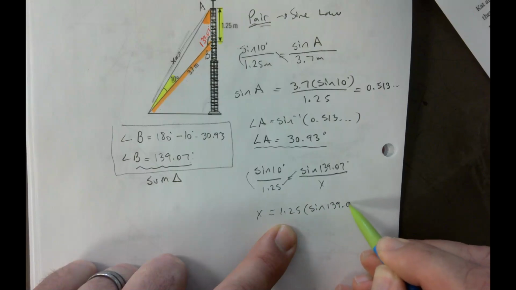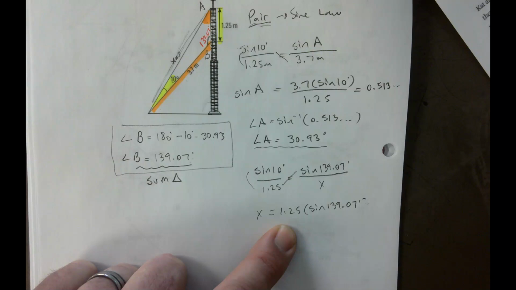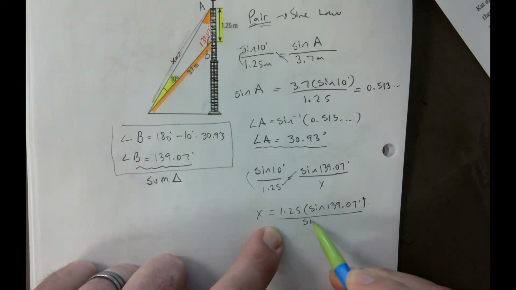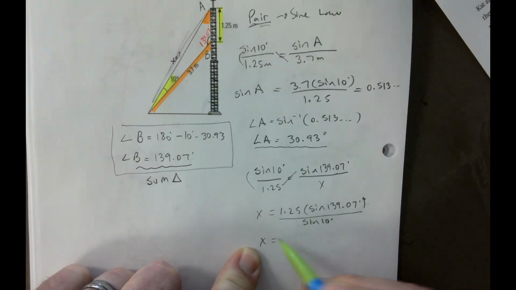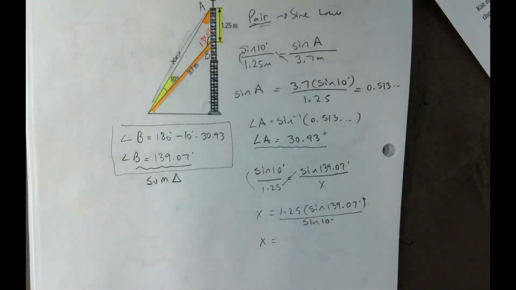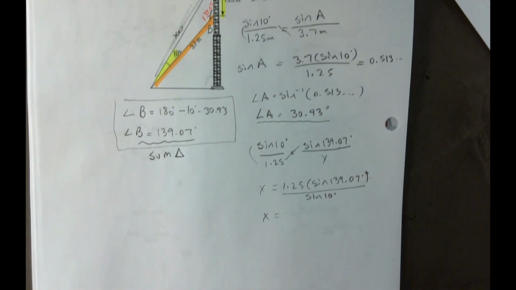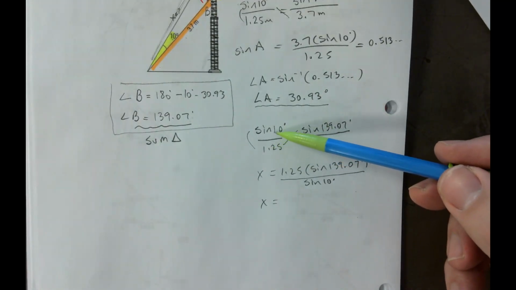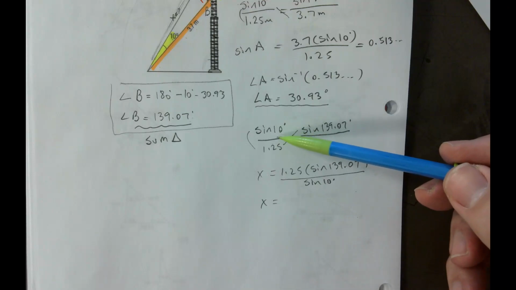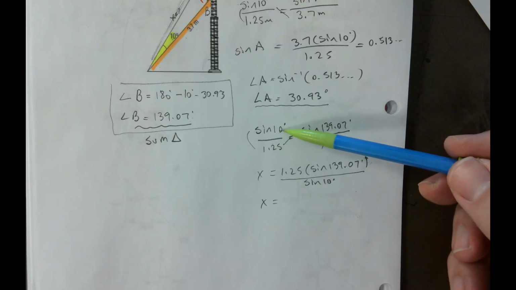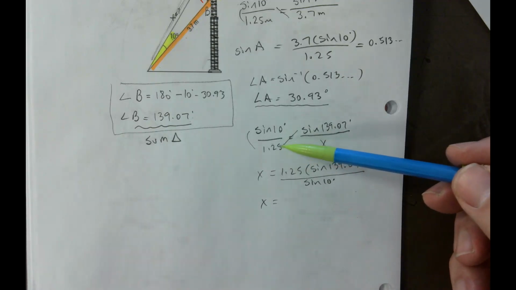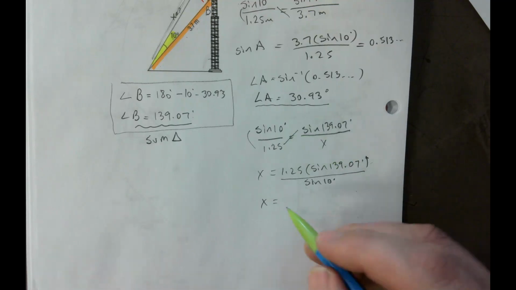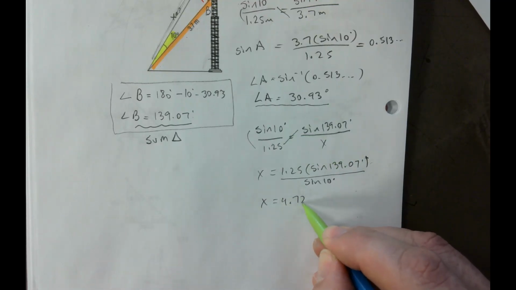This one is a bit of a tricky one because it just looks weird. But trust me, just apply what you know. I'll say this. When you do sine law, if you pair things up, they should never be touching each other on the diagram. So if 10 is touching 1.25 on the diagram, they're not across from each other. They're not a pair you can use. Okay, you get 4.72 meters.